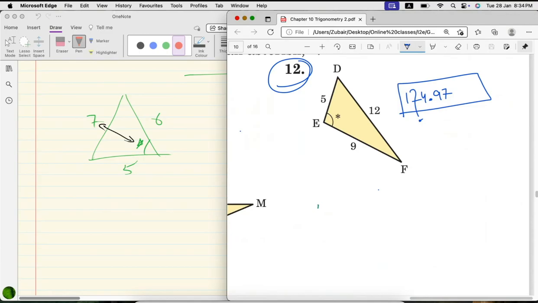Yes, 1 second. Sir, 114.97. Very good. 114.97 degrees. Yes, sir, 114.93.